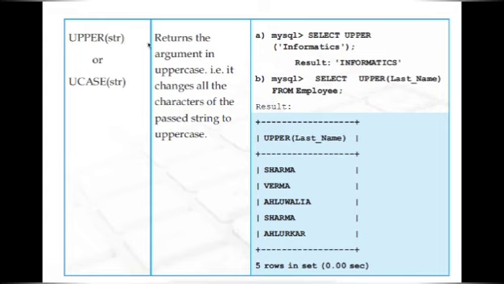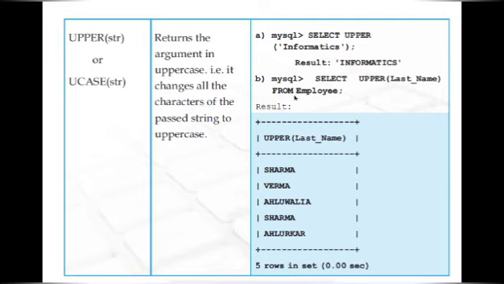If you pass a constant string as parameter, it will convert it into uppercase, and if you pass the name of the column as parameter, it will convert all the values in that column into uppercase, that is capital letters. As you can see in this example, the string informatics is a combination of uppercase and lowercase, that means capital and small letters.